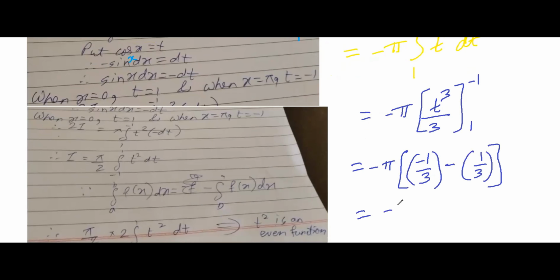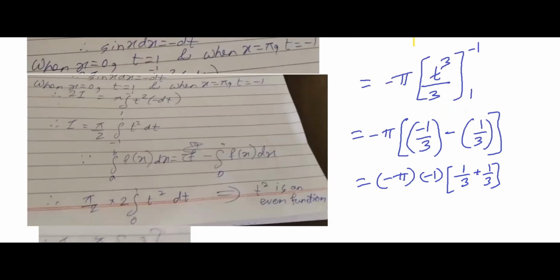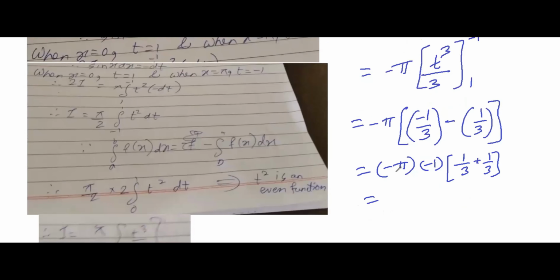From here you will take minus pi, which is constant, and you will get 1 by 3 plus 1 by 3. Minus pi into pi is pi. 1 by 3 plus 1 by 3 is 2 by 3. So what is the answer? Answer is 2 pi by 3. So this should be your answer.